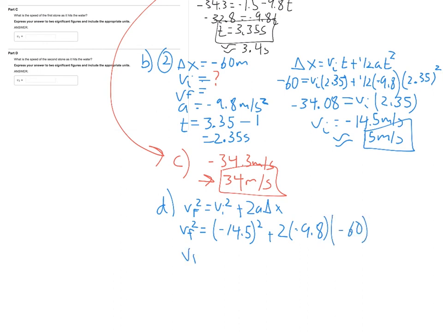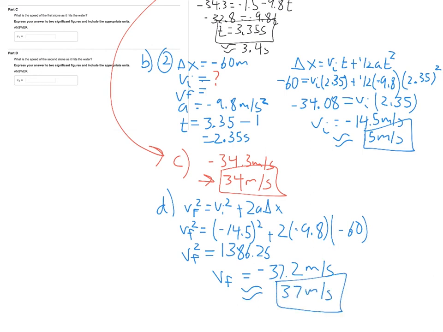So we end up finding the VF squared is equal to 1386.25. So our final velocity is going to be 37.2, and it would be negative if we're talking about our velocity. However, it's going to round to a positive 37 meters per second when we consider the fact that we're looking for speed and we want the answer to 2 sig figs.